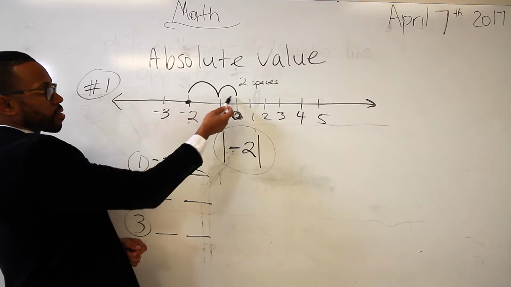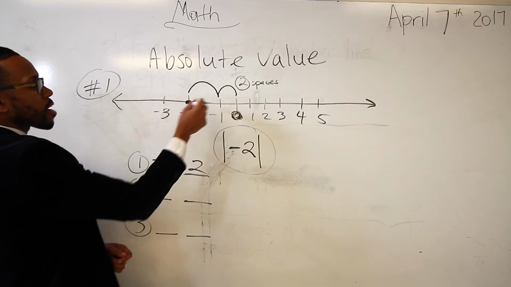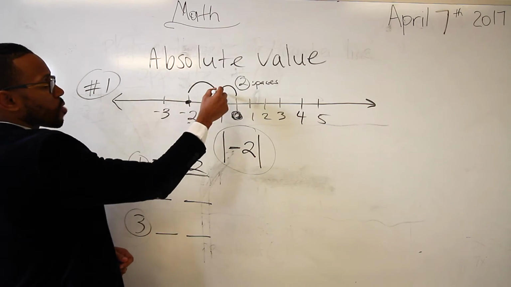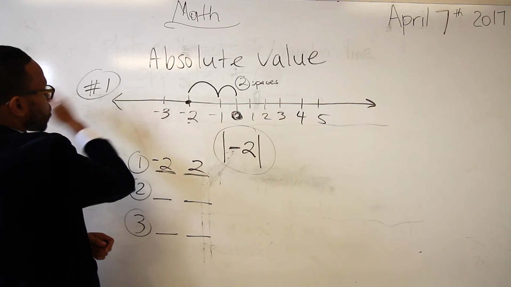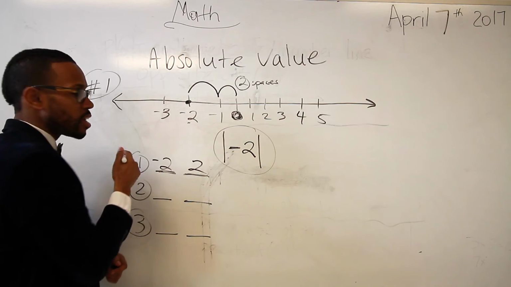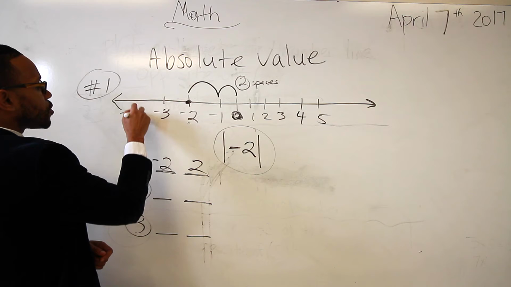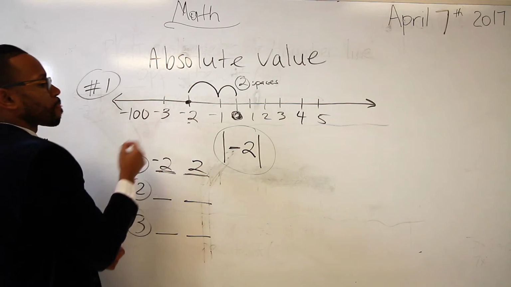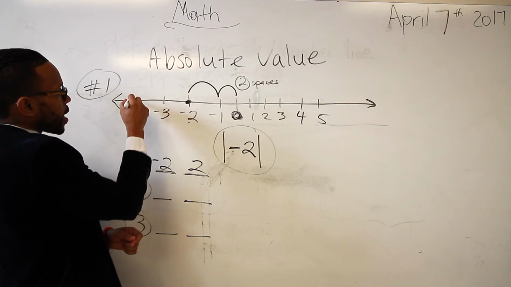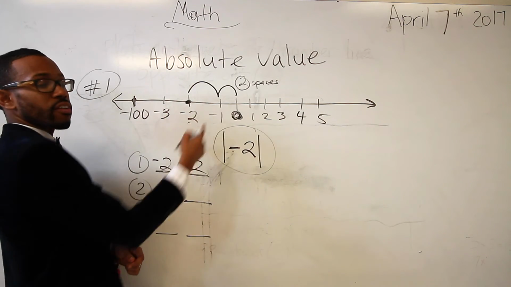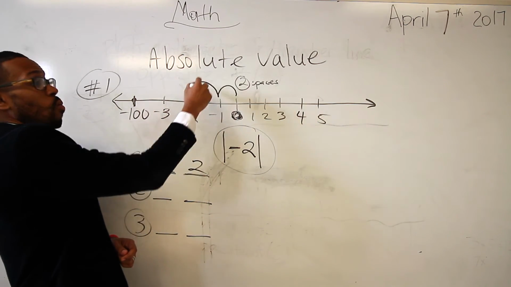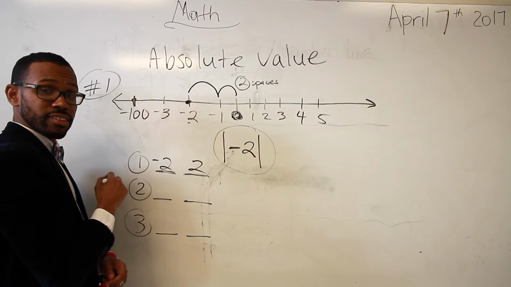You see how that's positive? So it doesn't matter how many spaces from 0 in the left direction, where the numbers can be negative infinity, even if it was -100 way down here, okay? How many spaces would -100 be from 0? It would be 100 spaces, okay?